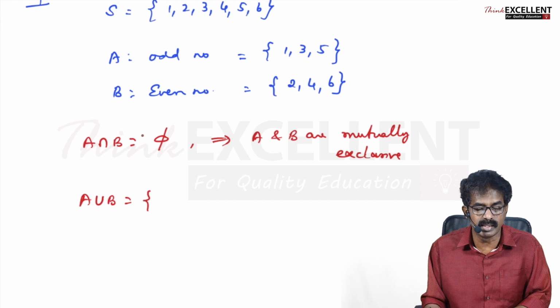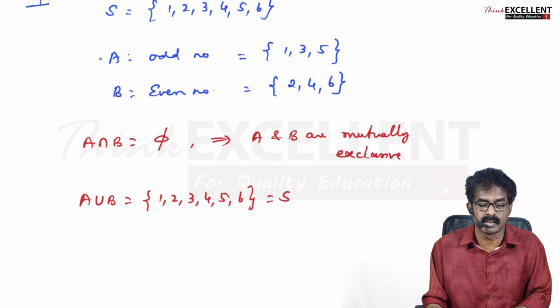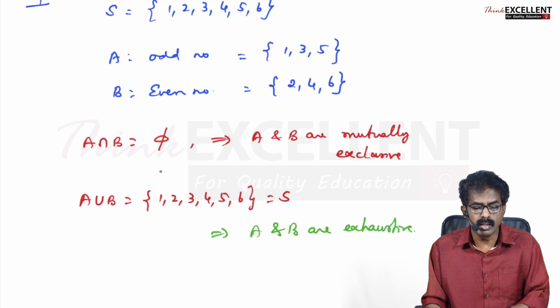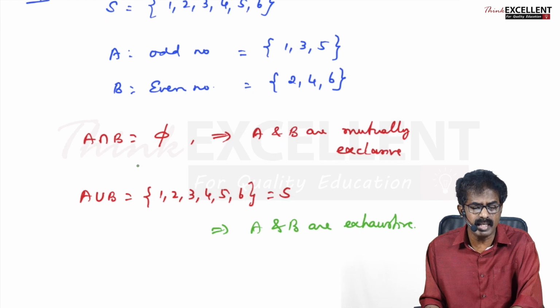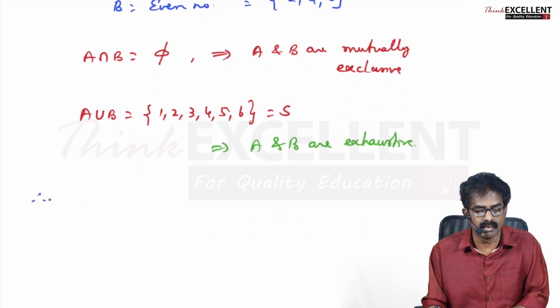You get the entire sample space. So A and B are exhaustive. Now in this example, A and B are both mutually exclusive and exhaustive, so they form a partition.